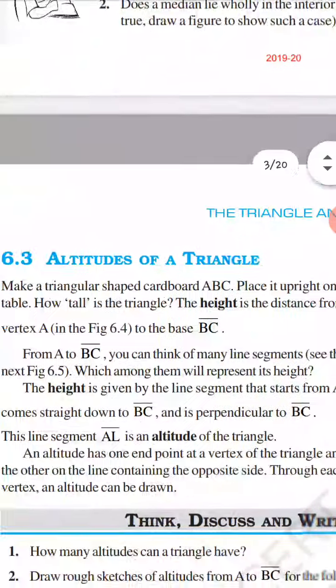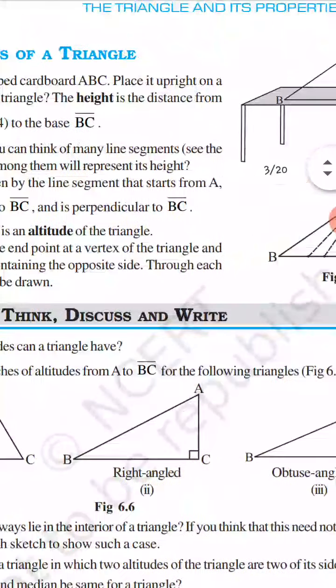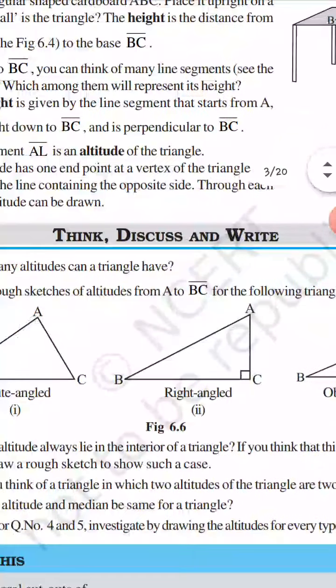Now the altitude: how many altitudes can a triangle have? We can draw AL from A, BM from B to AC, and CN perpendicular to AB. So we have got three altitudes of a triangle.